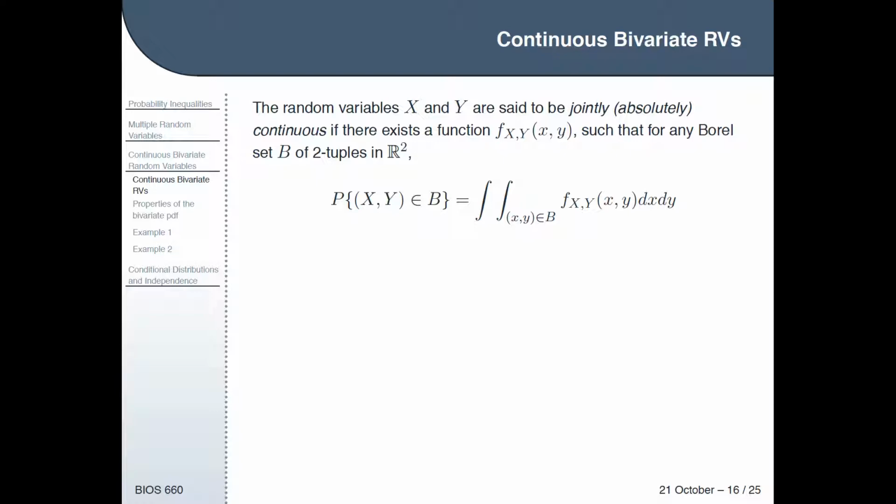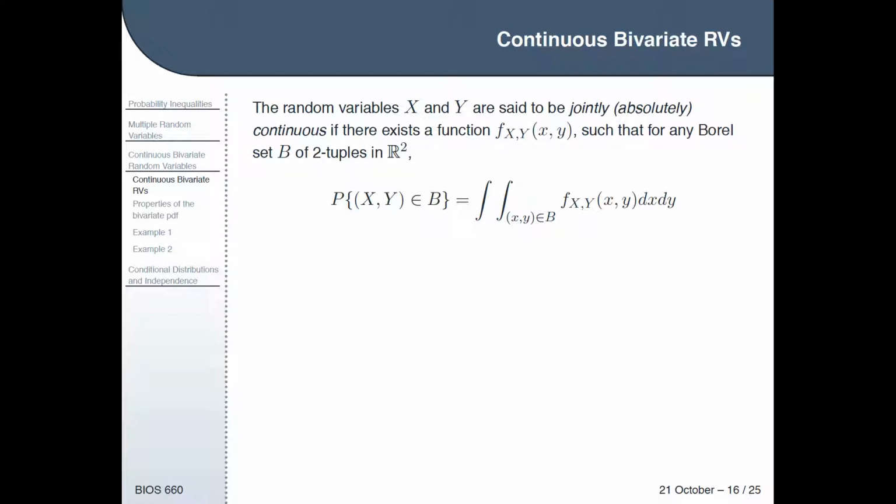Random variables x and y are said to be jointly continuous, or sometimes jointly absolutely continuous, as they say in some books. Quick reminder for 690 students: you need absolute continuity to have the function be equal to the integral of its derivative, which among other things implies that a PDF exists.